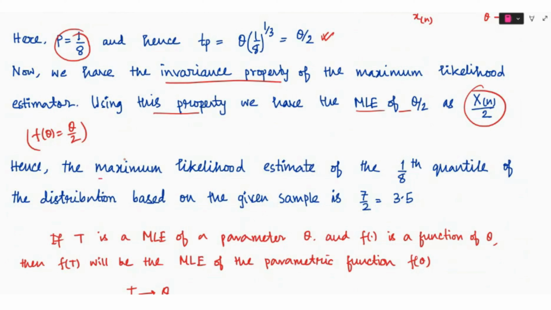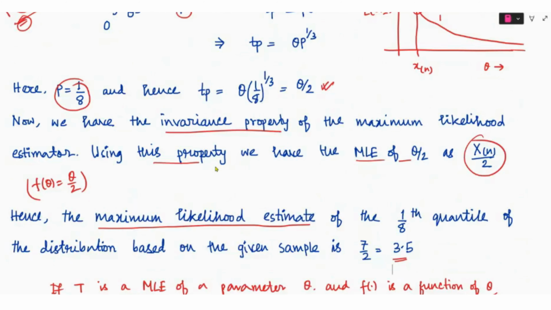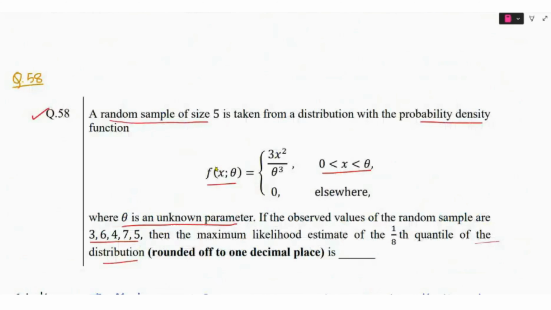So the maximum likelihood estimate of the 1 by 8 quantile will be the observed value of the maximum likelihood estimator. The maximum value here is 7. So the estimate is 7 by 2, that is 3.5. Hence the maximum likelihood estimate of the 1 by 8 quantile of the distribution is 3.5, rounded to one place of decimal.